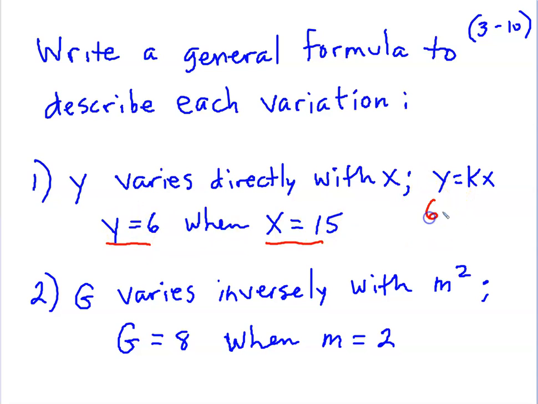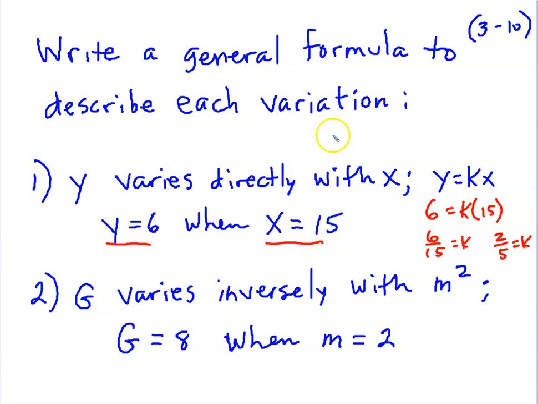Y is 6. We're going to solve for k. X is 15. And now dividing by 15 on both sides and reducing because 3 goes into both. And so what we have now is our model.